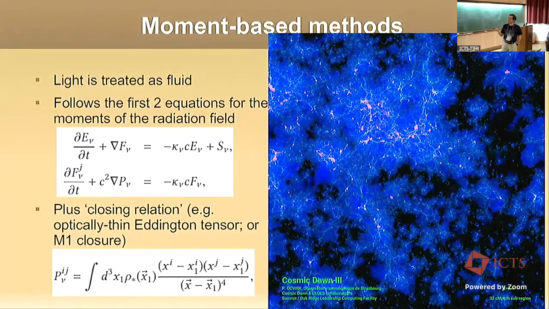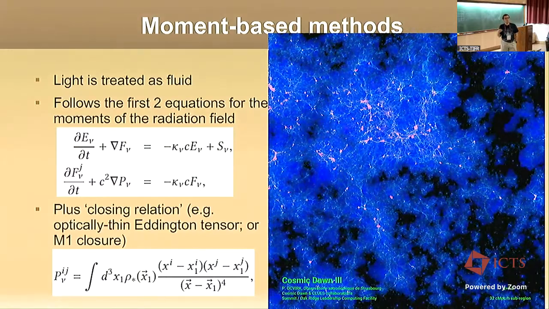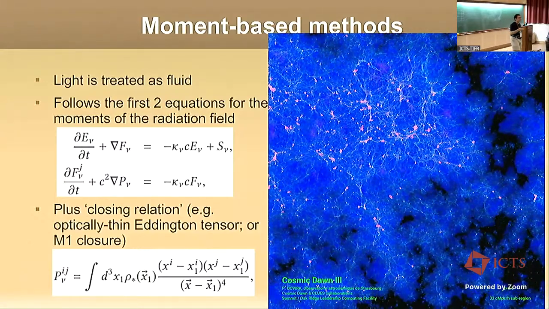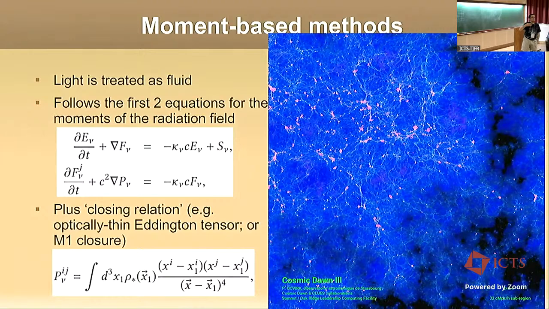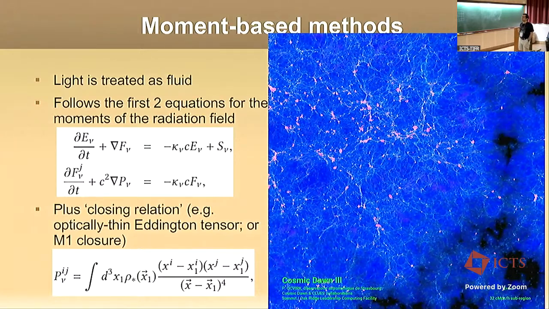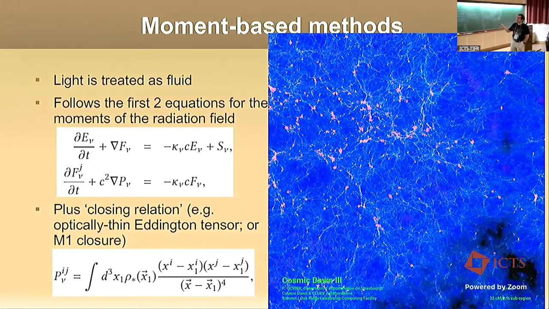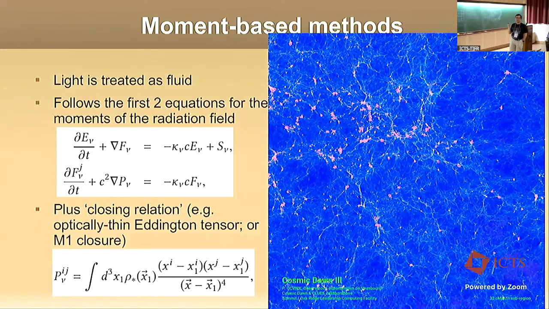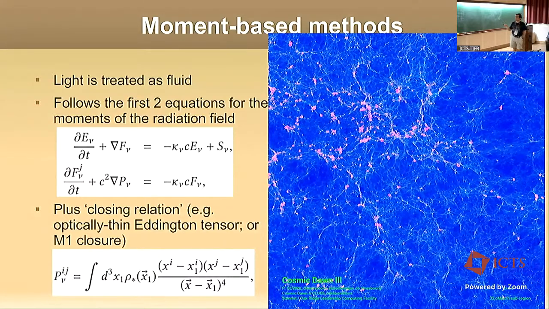So if you know how to solve the fluid equations, which very often you do because you do hydrodynamic simulations, you just use exactly the same methods to solve your radiation equations. And if you do that, you can get simulations like this, which is actually the largest radiative hydrodynamic simulation ever done, which we did a couple of years ago, our group.